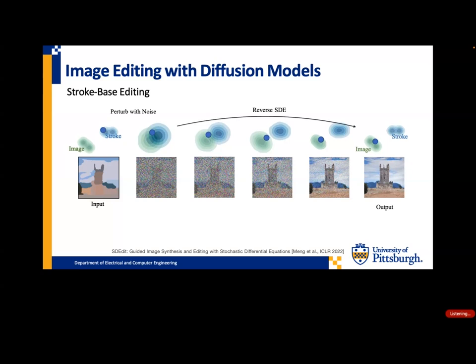So the main idea is that I'm trying to find a way to migrate from the plateau of the strokes to a real image. In order to find the path, I first add a bunch of noise to push this image to the middle of the valley.